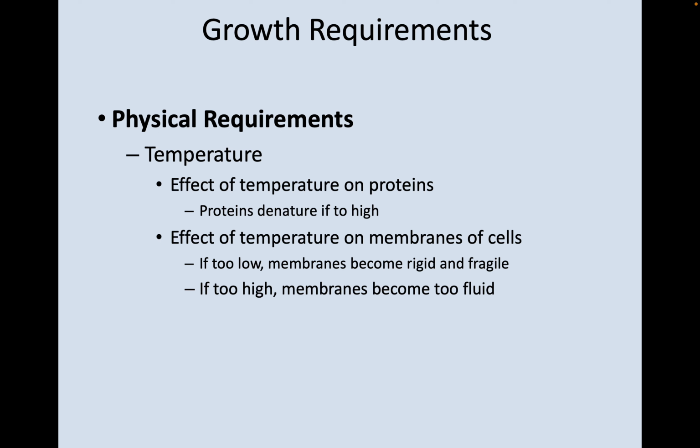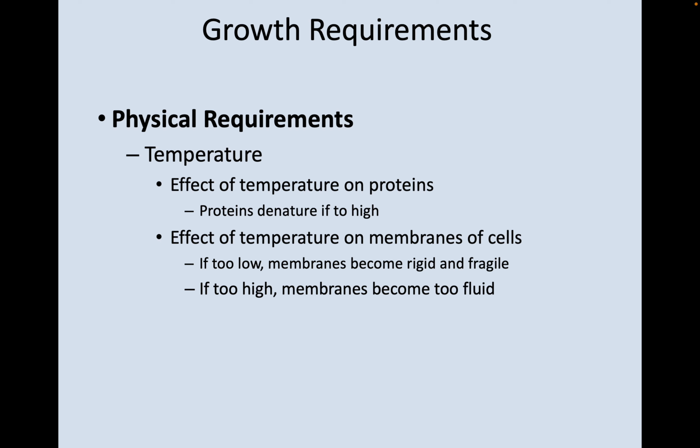What about cold on protein? If you were to freeze a raw egg and then thaw it back out, would it go back to being a liquid egg? Yes. Good. So cold doesn't denature, but heat can. All right. The effect of temperature on membranes can also be remarkable.